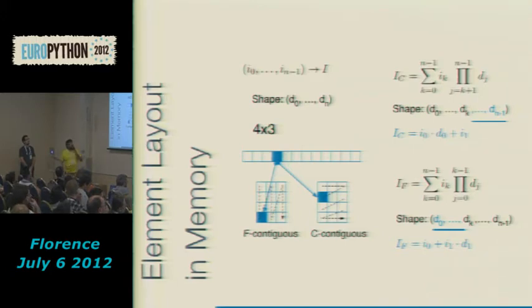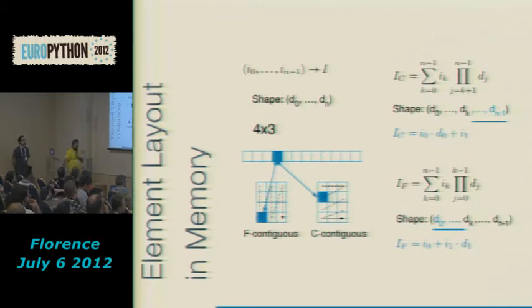So the first thing to understand is that the elements that we have in a matrix are somehow put in a linear structure, and you can use these two kinds of representation. You can just store the columns one after the other, or the rows. That is C contiguous, and this is F, which stands for Fortran contiguous, because that was the convention used by Fortran, and that is the convention used by C.